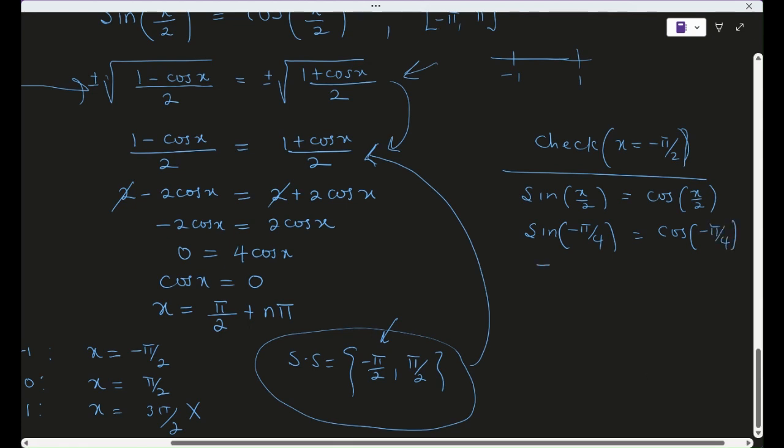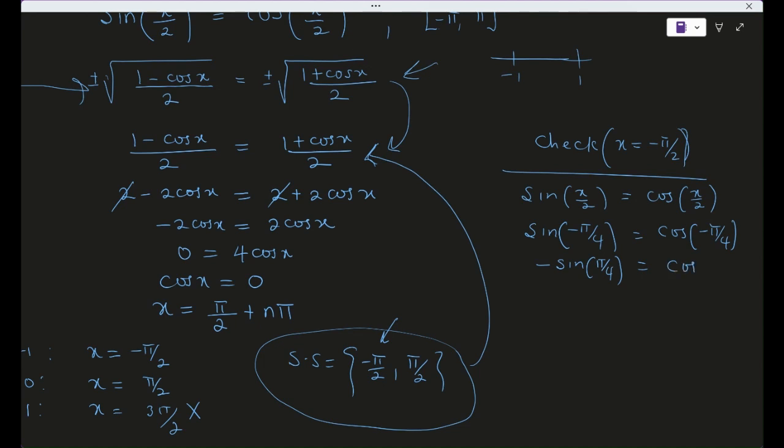But sine is odd, so this becomes minus sine pi over 4. Cosine is even, so this becomes just cosine pi over 4. So what do we have here? Cosine pi over 4 is the same thing as cosine 45, which is root 2 over 2. And here cosine 45 also is root 2 over 2.